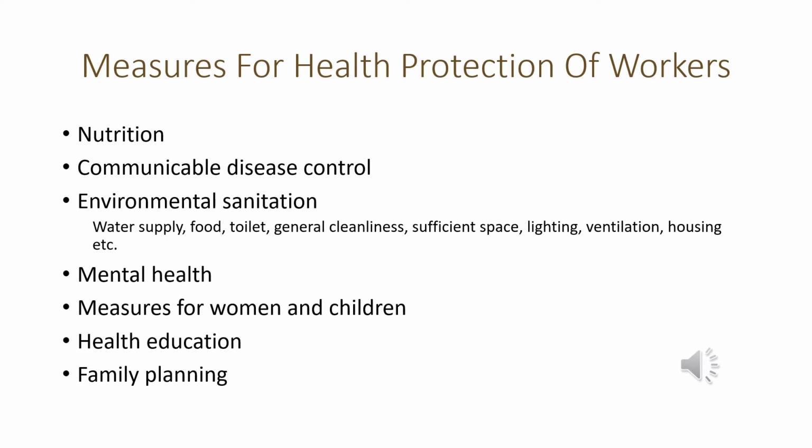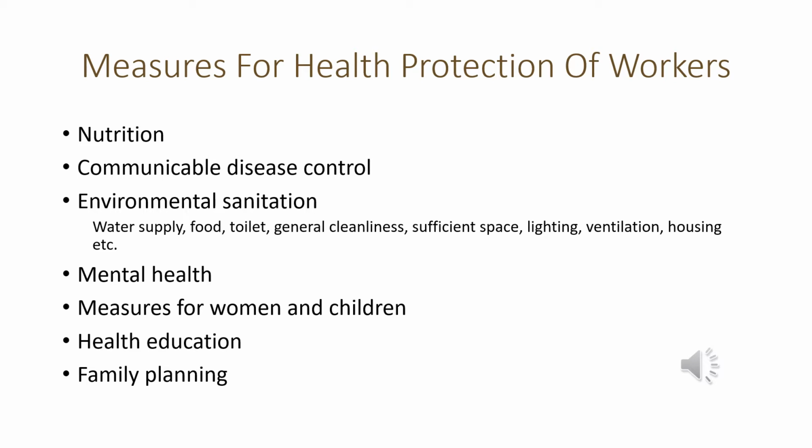Mental health is another aspect of health that is essential for the workers of a certain profession, and the focus should be on good mental health of all the workers in an occupation. Measures for women and children: if there are some women workers in an occupation, there should be facilities to care for their children there, or also to care for certain needs of women in those professions.